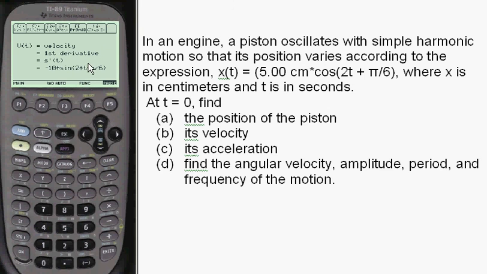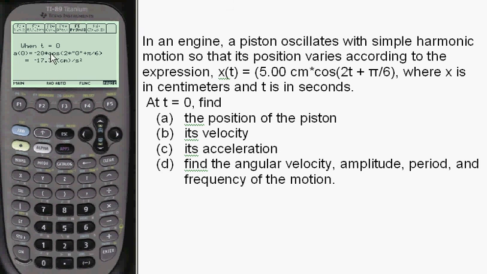Velocity is the first derivative of the function, which is this right here, and at t equals 0 it's minus 5 centimeters per second. Acceleration is the second derivative, minus 20 times cosine of 2 times t plus pi over 6.